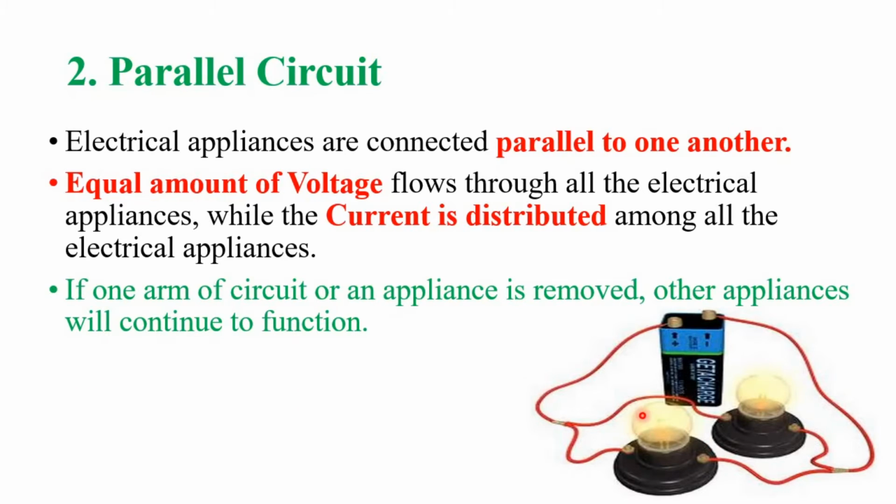Which means if you remove one of the bulbs here, the others will still glow. If this one fuses or is damaged, the other bulbs will still glow. That is the advantage of using a parallel circuit.